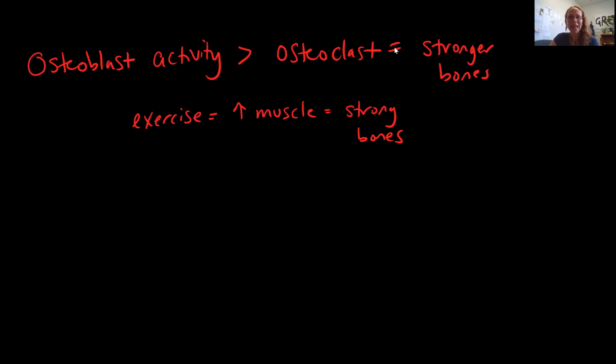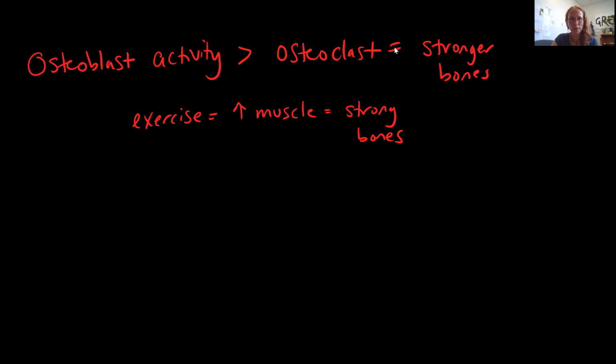Your osteoblast activity will outrank, or be greater than, your osteoclast activity, resulting in stronger bones when you are doing a lot of exercise. So remember, we talked about appositional growth. The increase in the diameter of your bone is going to happen if you've increased your body size.